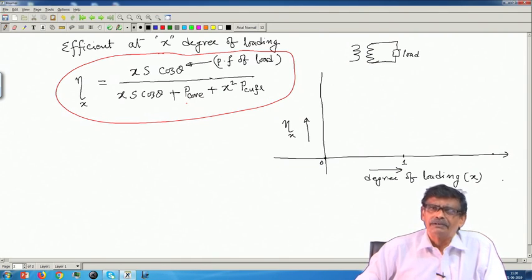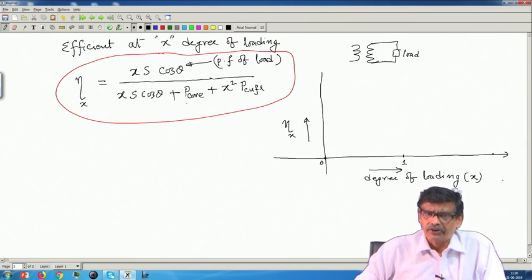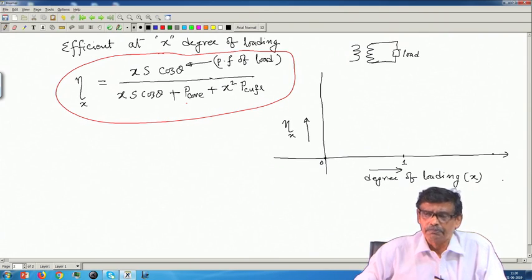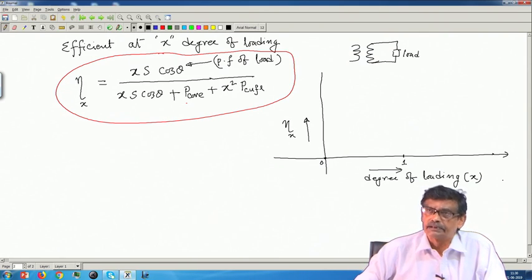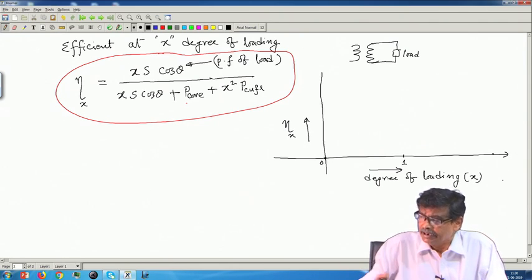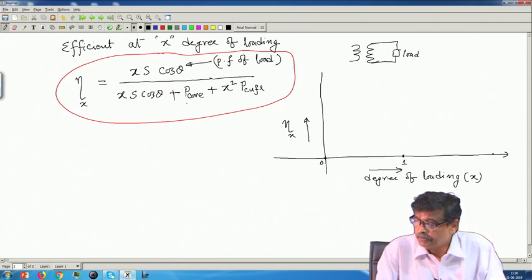A transformer is not run continuously under overloaded condition, but for a brief period you can overload it by 10%, 20%, and then the value of x goes up. But anyway, this point corresponds to full load and this point corresponds to no load.